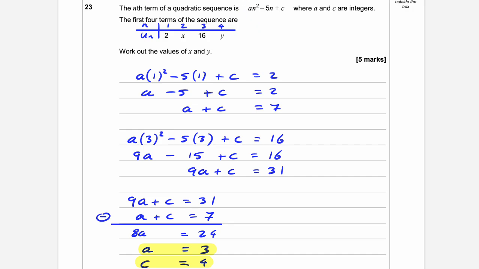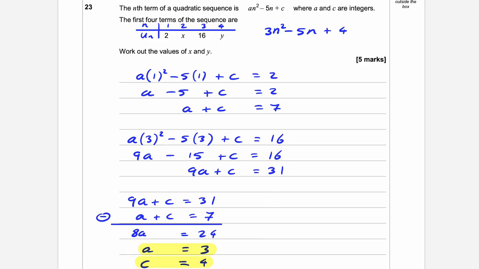Okay, so now I have the nth term without a and c. I can say the nth term is 3n squared minus 5n plus 4. Now I just have to find x, which is when n is 2, and y, which is when n is 4.